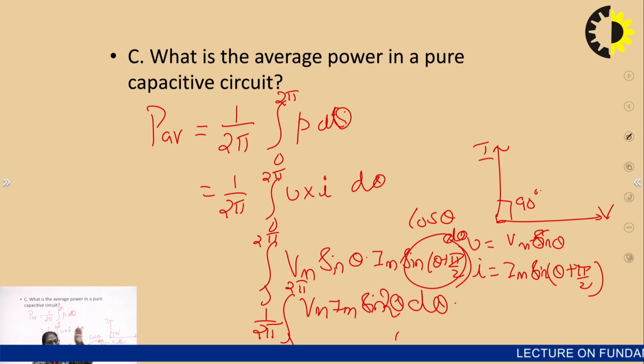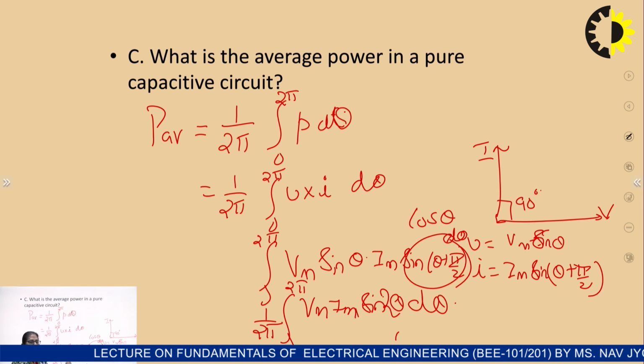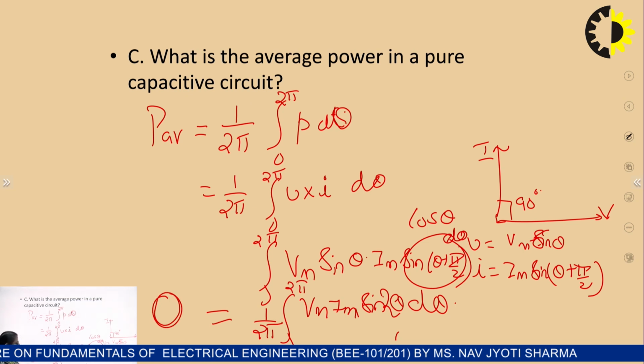For the first half cycle, it takes the energy, and for the next half cycle, it gives back the same amount of energy, so it cancels out. Similarly, if we mathematically integrate sin 2 theta and substitute the limits, the average value is going to be 0. So the average power in a purely capacitive circuit is 0.